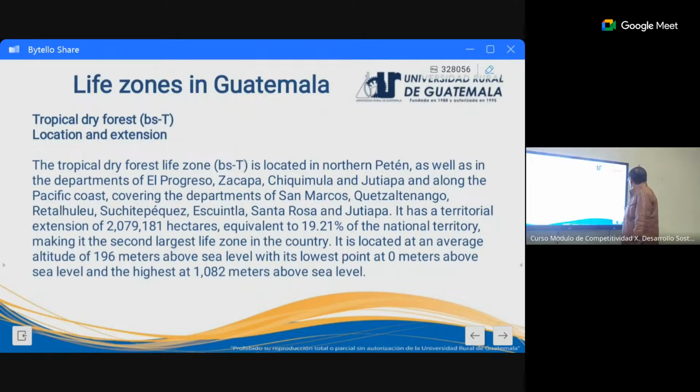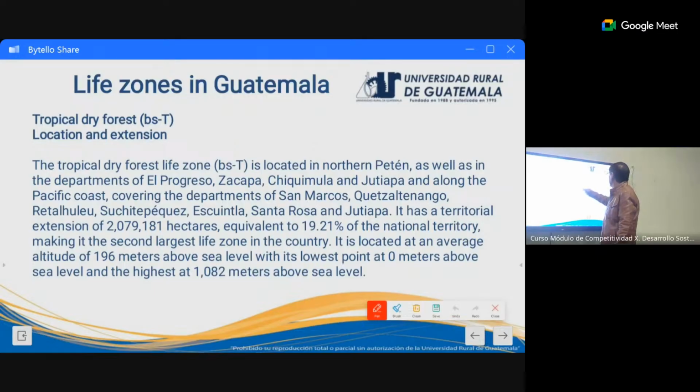And this information here says that the tropical dry forest life zone is located in the northern Petén, as well as in the departments of El Progreso, Zacapa, Chiquimula, and Jutiapa, and along with the Pacific coast covering the departments of San Marcos, Quetzaltenango, Retalhuleu, Suchitepéquez, Escuintla, Santa Rosa, and Jutiapa.